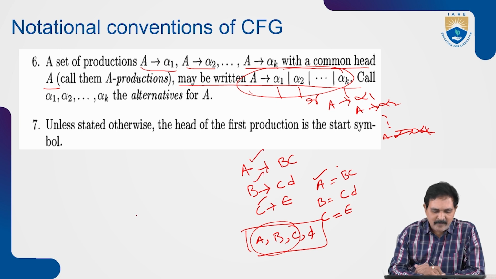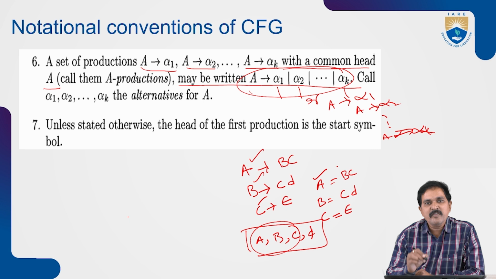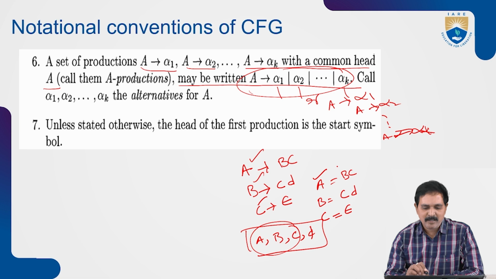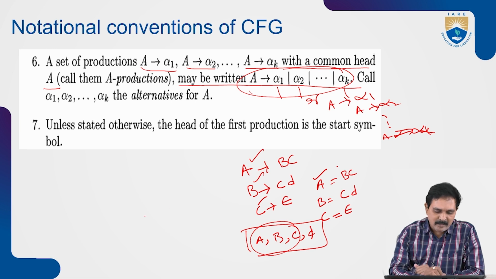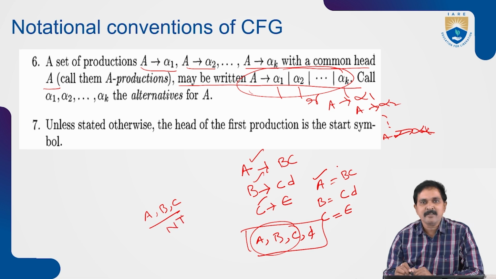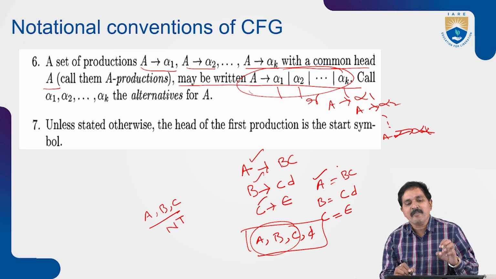So the symbol which has a derivation, you can find out, then that symbol is considered a non-terminal. These are the non-terminals: A, B, C are considered non-terminals because they have derivations.